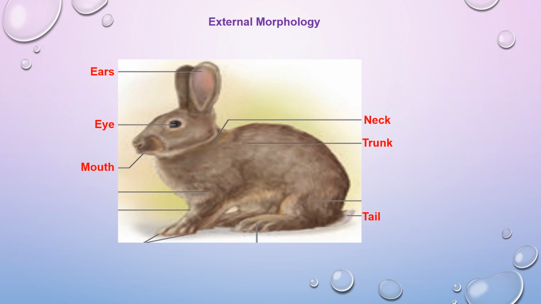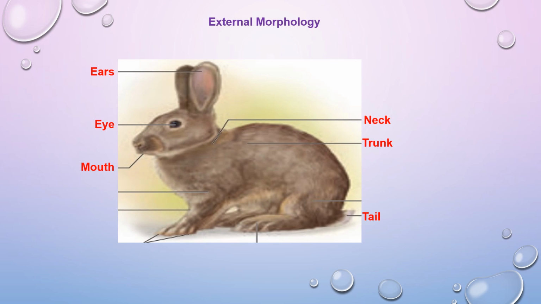The mouth is a transverse slit bounded by upper lip and lower lip. Just above the mouth, two oblique openings are called nostrils. Nostril is the nose, for breathing.